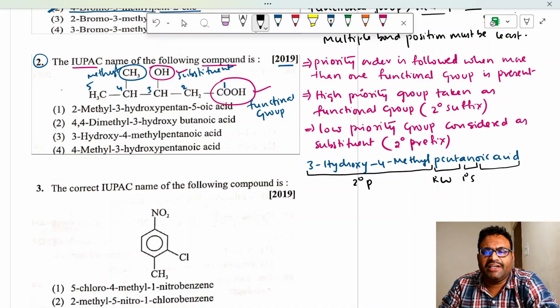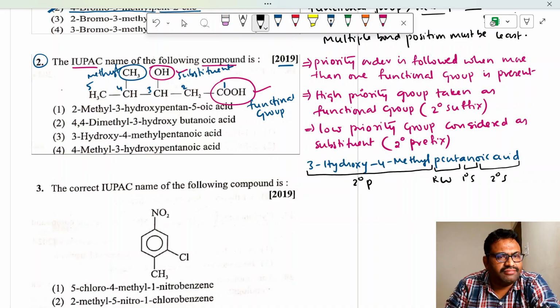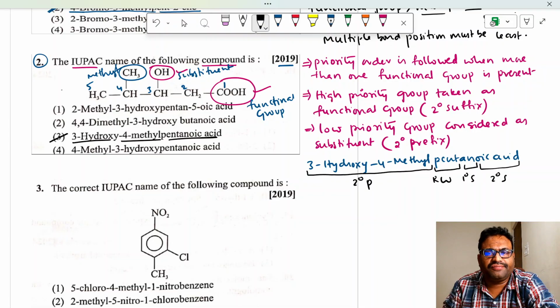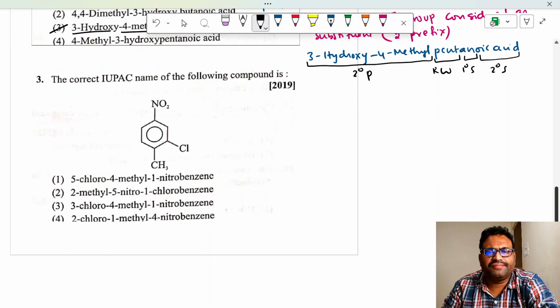Oic acid is a secondary suffix. As the secondary suffix starts with a vowel, the e of ane is removed. So where is this answer? Let us see. Here: 3-hydroxy-4-methyl pentanoic acid. Understood? Let us see the next question.